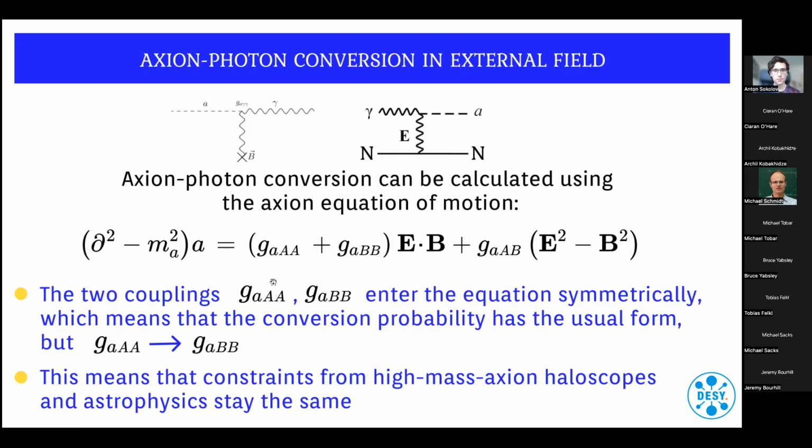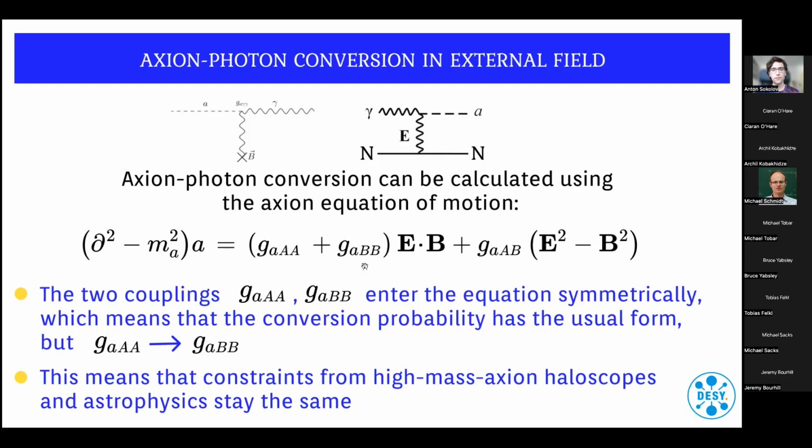And this happens because for many effects where axions disappear or axions are produced, we can use the axion equation of motion to describe the physics. And then we see that AA and BB couplings enter the equations symmetrically, and BB coupling is the dominant one.